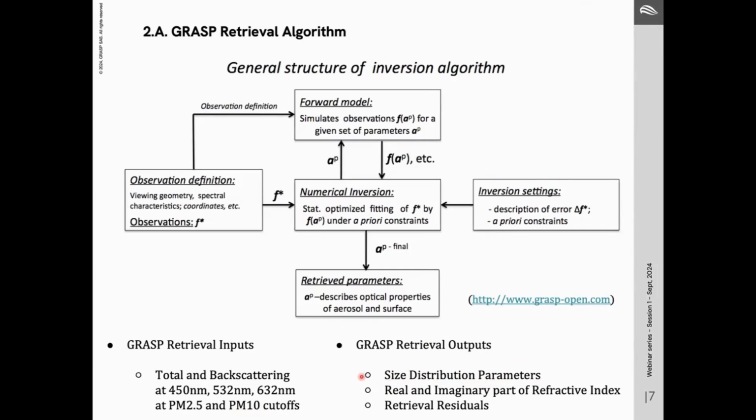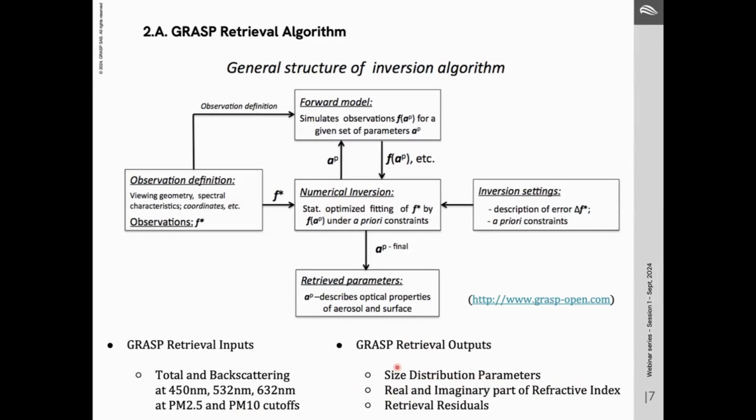the refractive indices. For people who are not very familiar with aerosol optical properties, the aerosol refractive index is a measure that describes how light interacts with aerosol in the air, and it has a real part and an imaginary part.